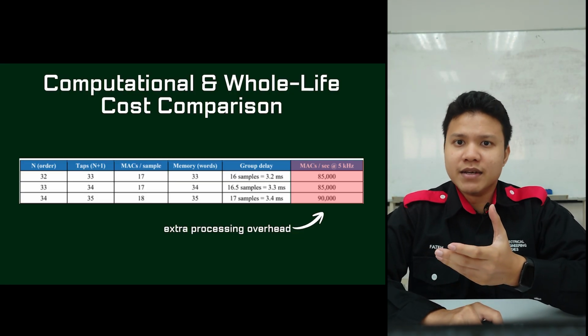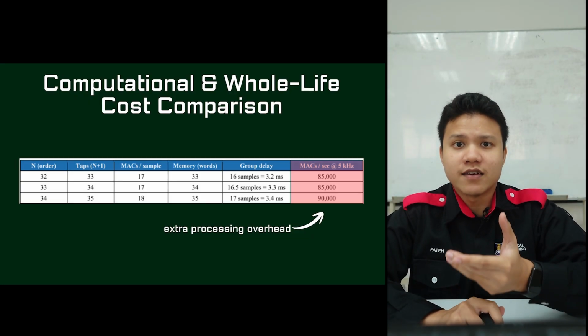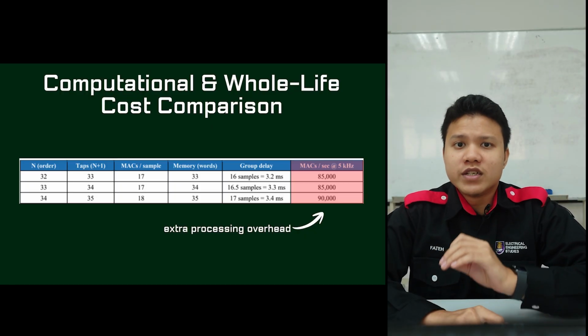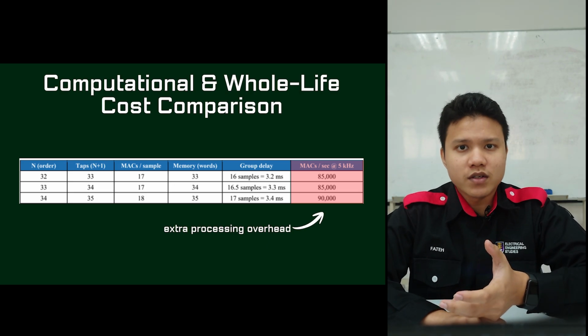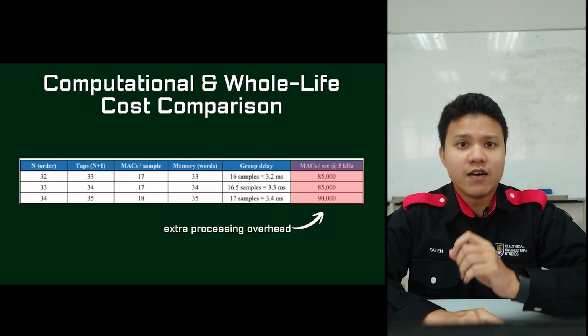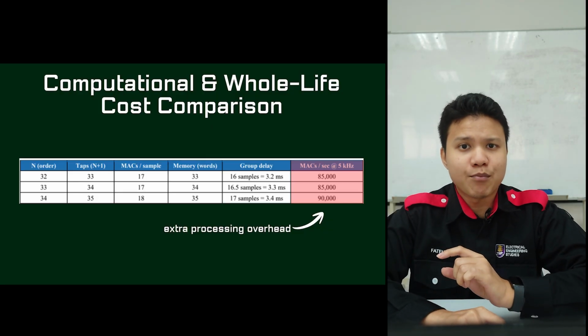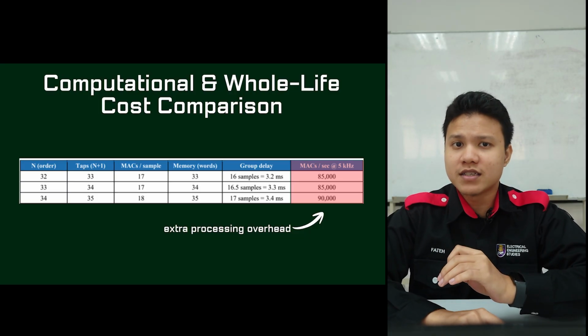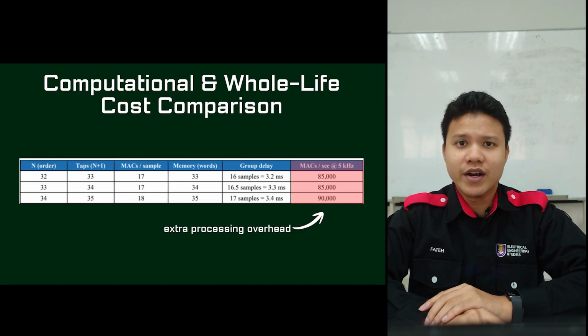It requires identical MACs, uses an extra memory word, and introduces a non-integer group delay of 16.5 samples, which disrupts sample synchronization. Moving to N equals 34 is even worse. It hikes our computational burden to 90,000 MACs per second, a 5.9% increase over N equals 32. On a wearable medical device, that extra 5.9% processing overhead translates directly to unnecessary battery drain over months of operation. Thus, N equals 32 is our clear winner.